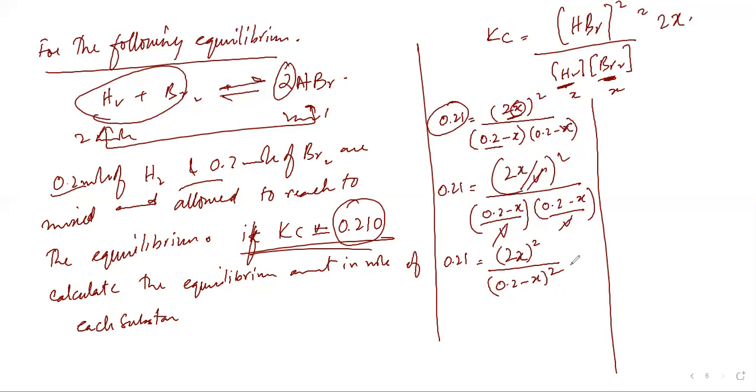But if I take square root on either side, just to cancel these squares, I will be left with root of 0.21 is 0.458, and this remains 2x over 0.2 minus x.